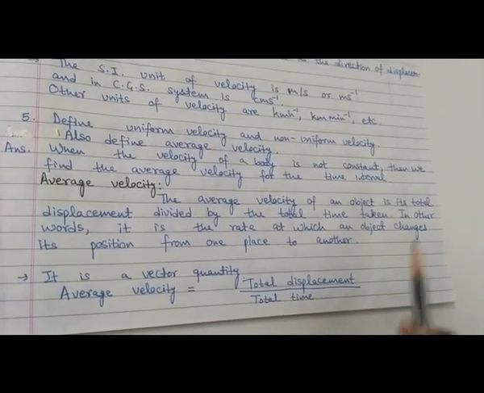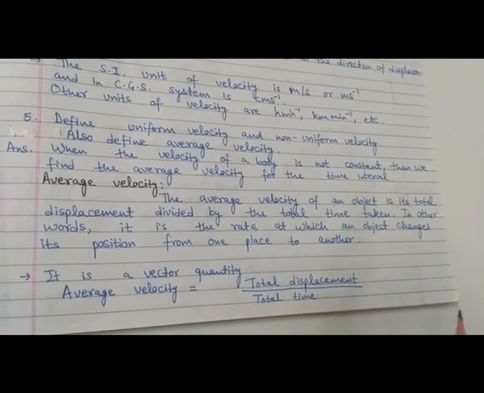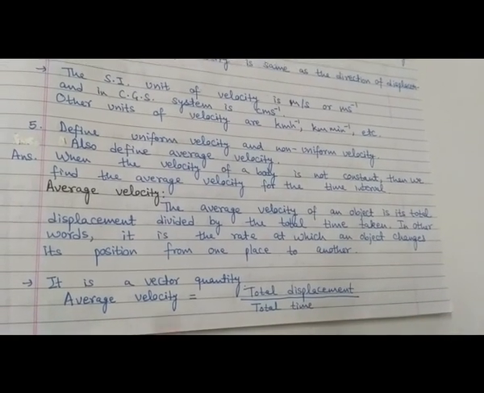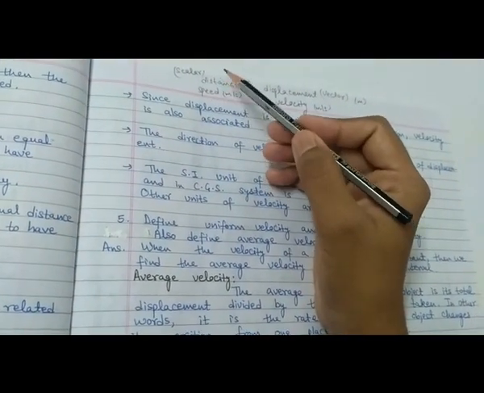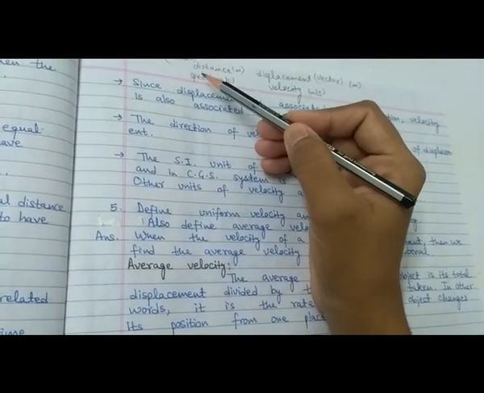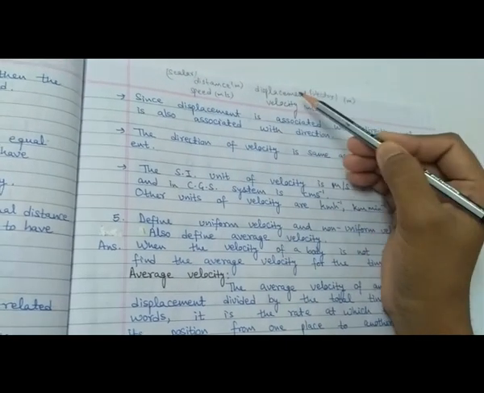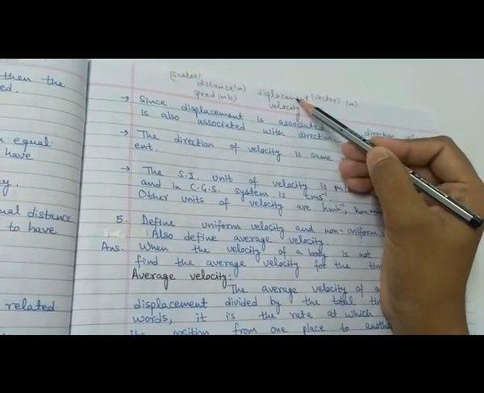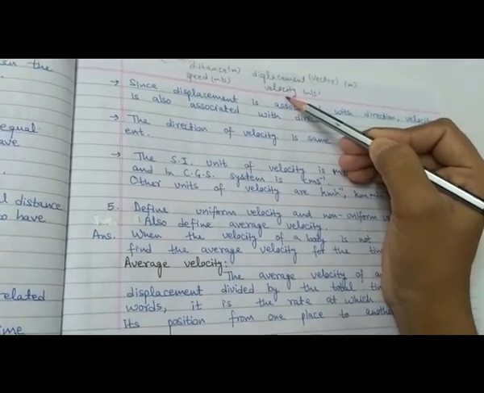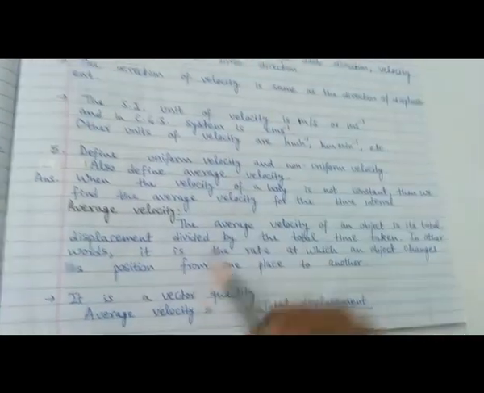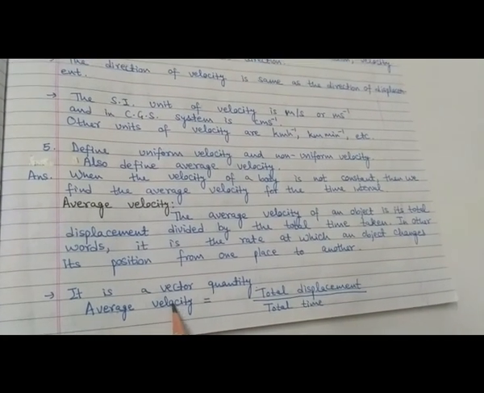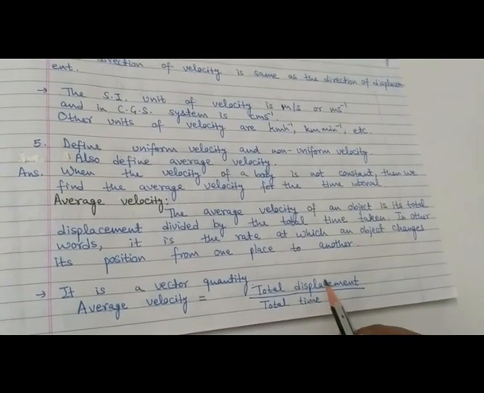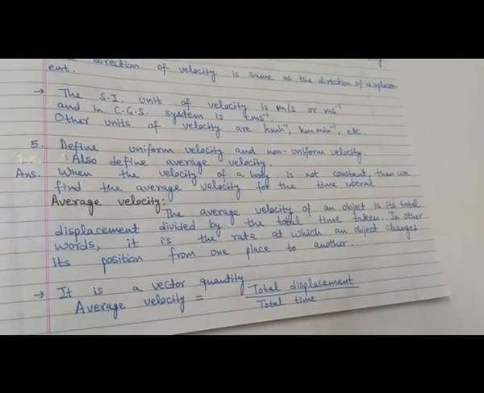Here we are studying with respect to displacement because, as I already told you, as distance is for speed, the same way displacement is for velocity. Previously, when we were studying average speed, we mentioned total distance traveled.